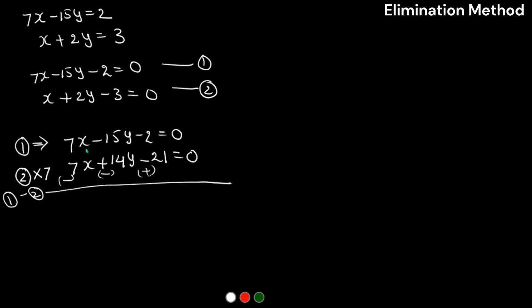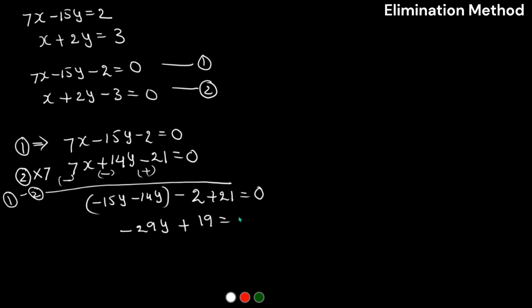So 7x minus 7x is 0. Then minus 15y minus 14y is the first term. The second term is minus 2 plus 21. So it is equal to 0 plus 19 is equal to 0.